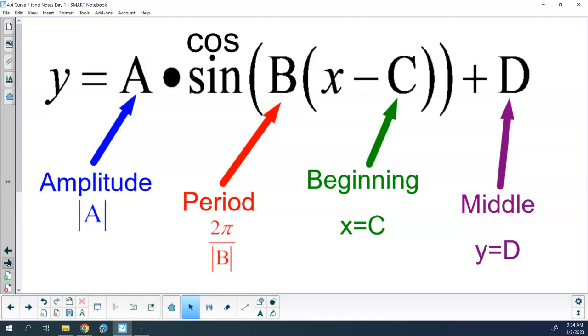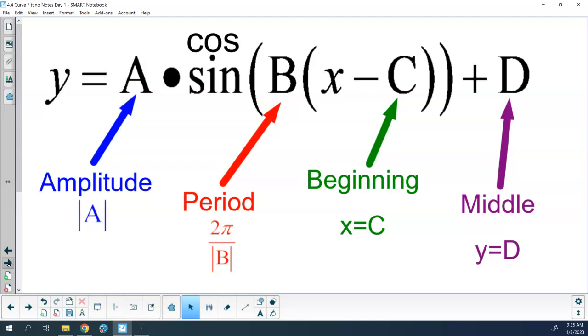Our A value, that number out in front, the coefficient of the trig function, tells us the amplitude. That's how much the sine or cosine curve goes up and how much it goes down.